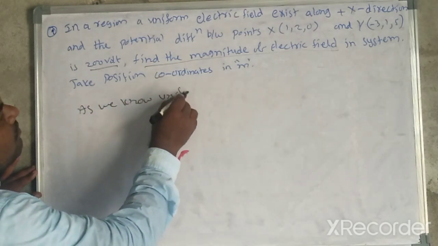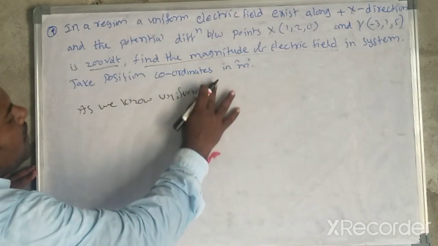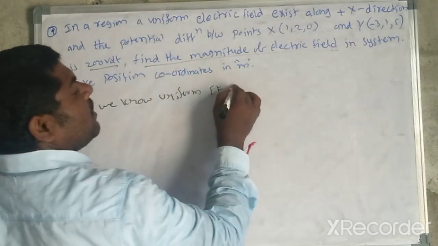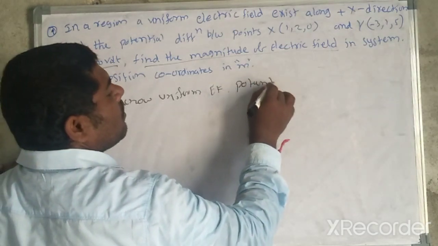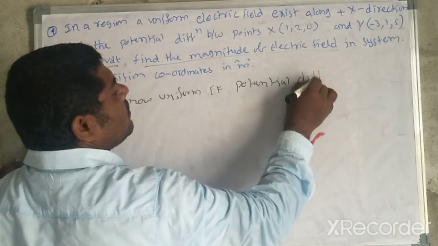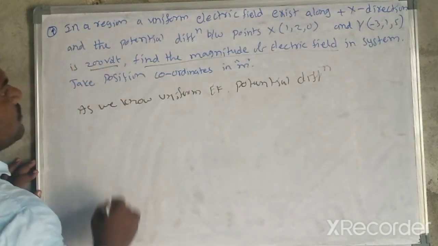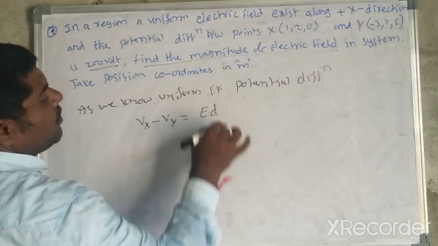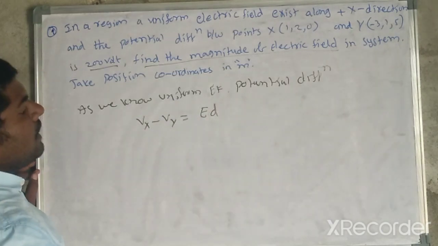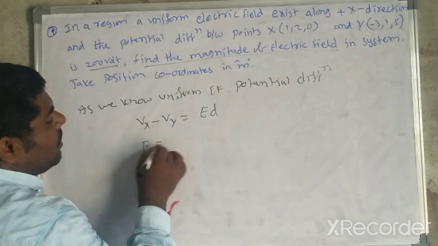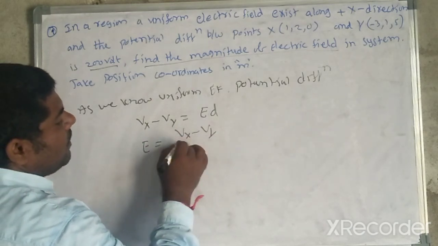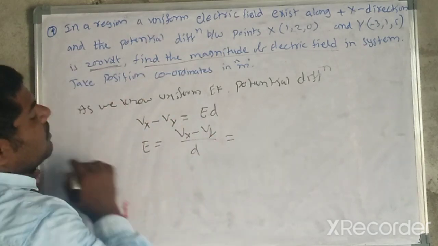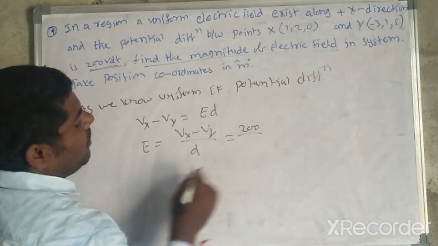As we know, for a uniform electric field, the potential difference Vx minus Vy is equal to E into d. Here E is equal to Vx minus Vy divided by d. The potential difference is already given in the question, 200, divided by d.